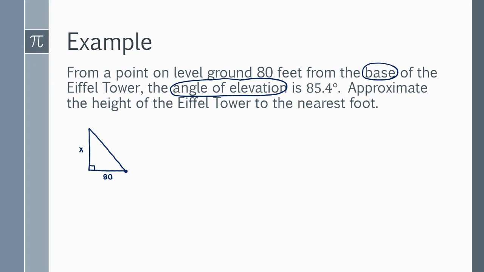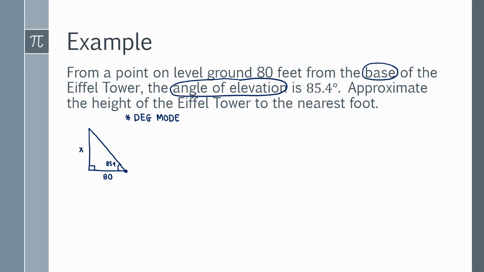So then when you look up, that tells you that the angle of elevation is this angle here on the ground. So that's the 85.4 degrees. So once again, you want to make sure that your calculator is in degree mode. We don't want it in radians, so make sure that it's in degree mode.